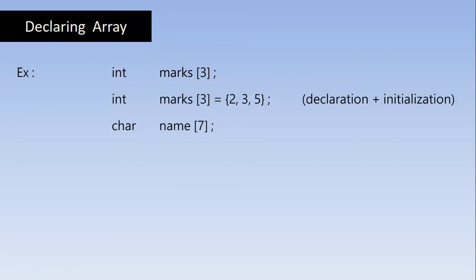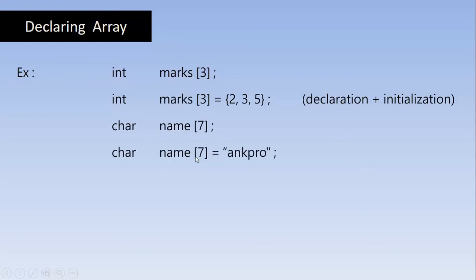Not exactly 7 characters, but you can have one less than 7, because at the end it is going to attach its own delimiter, which is called the null character, which shows the end of the string. So when you declare an array for storing 7 characters, you can actually store 6 characters in it. It's only in the case of char variables, and this is how we can achieve that.